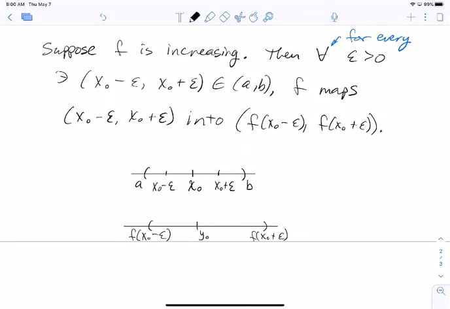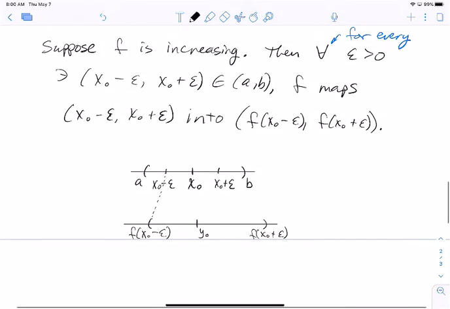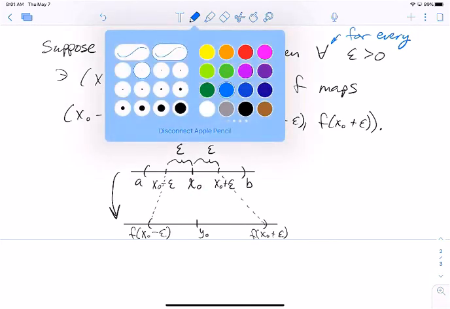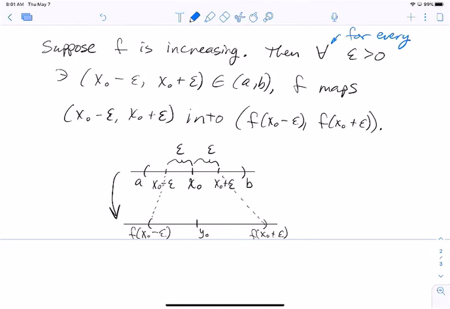But the idea here is that x0 minus epsilon is mapped to f of x0 minus epsilon, likewise for x0 plus epsilon. And f maps the upper line values to the lower line values. And to be abundantly clear here, x0 minus epsilon and x0 plus epsilon are both epsilon away from x0.